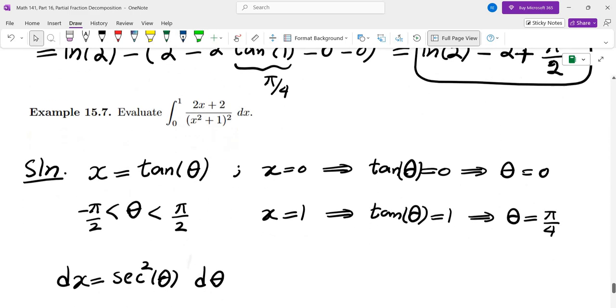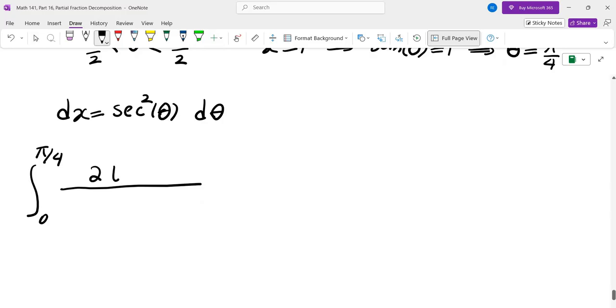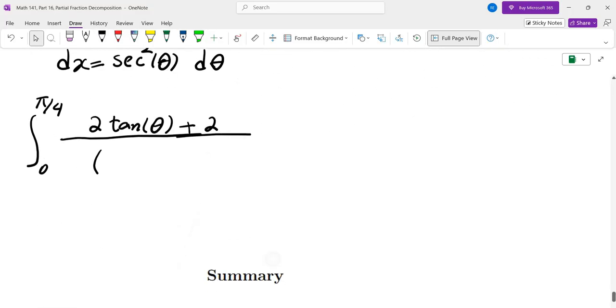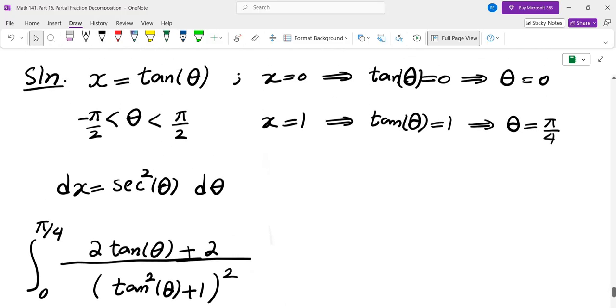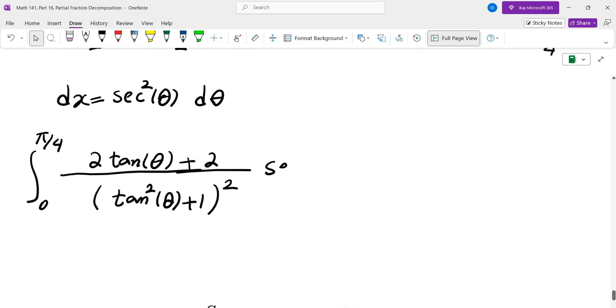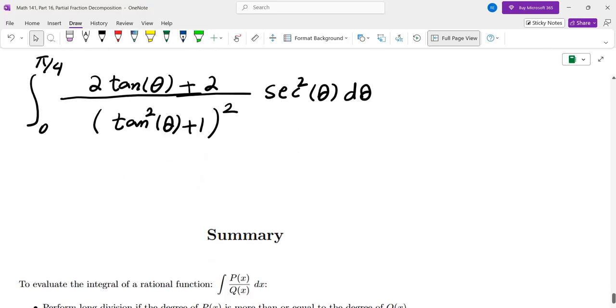Instead of 2x plus 2, we have 2 tan of theta plus 2, divided by x squared plus 1, which is tan squared of theta plus 1 squared, and then dx, which is secant squared of theta d theta.